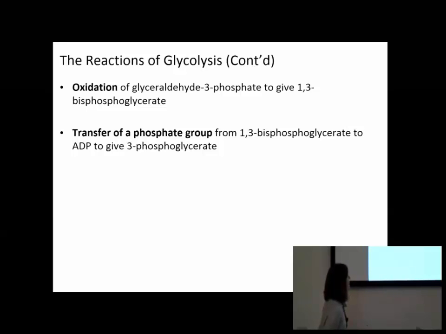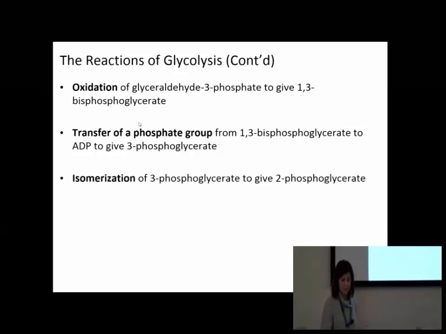And it's going to give it to ADP to make our money molecule. It's making an ATP. But remember, it's happening twice because it's in stage 2. Then we have a getting ready reaction. There's actually a couple getting ready reactions. We're going to move the phosphate from the 3rd position, the 3rd carbon, to the 2nd carbon.